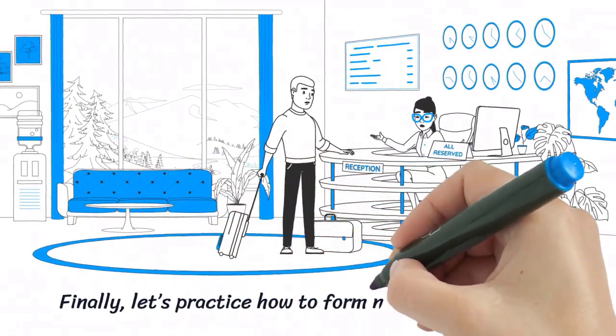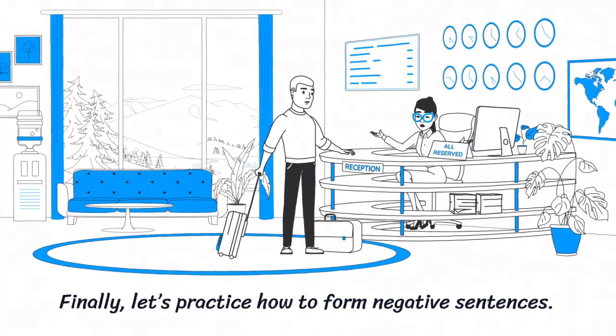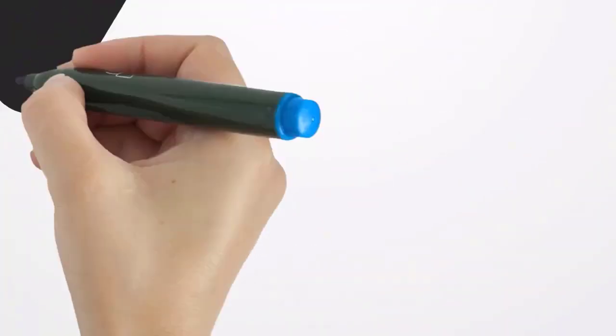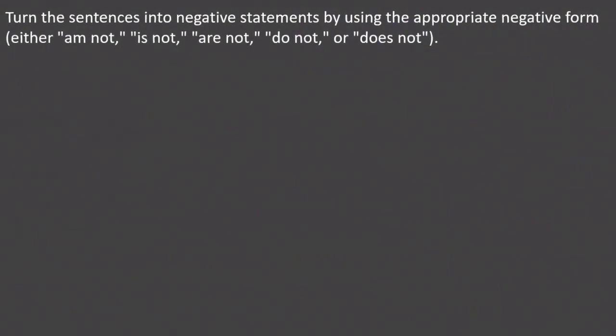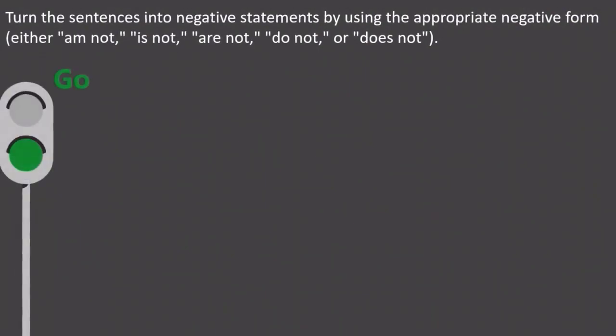Finally, let's practice how to form negative sentences. Turn the sentences into negative statements by using the appropriate negative form, either am not, is not, are not, do not, or does not. I, a doctor.